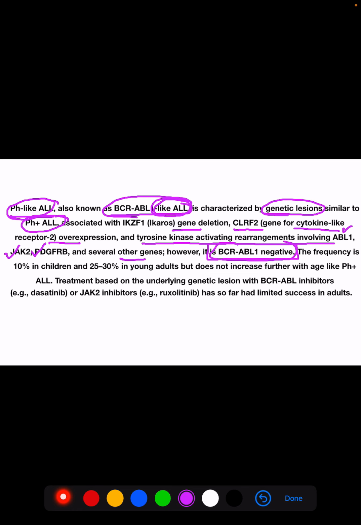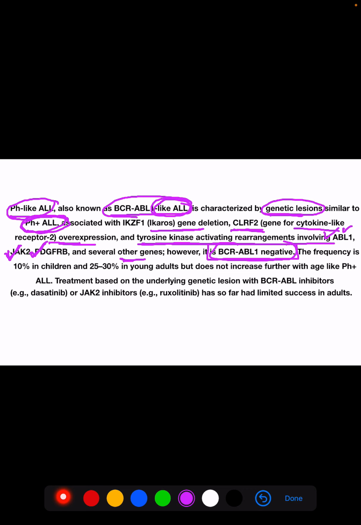So this is characterized by genetic lesions similar to Philadelphia positive ALL, like Ikaros gene deletion, CRLF2 receptor overexpression, and tyrosine kinase activating rearrangements involving ABL1, JAK2, PDGFRB and several other genes, but it is BCR-ABL1 negative.